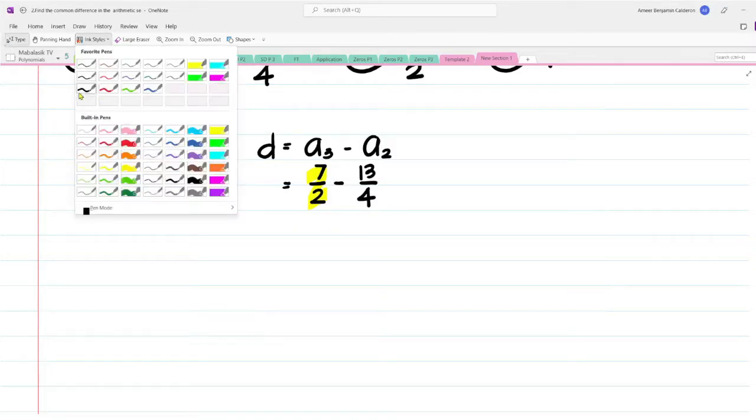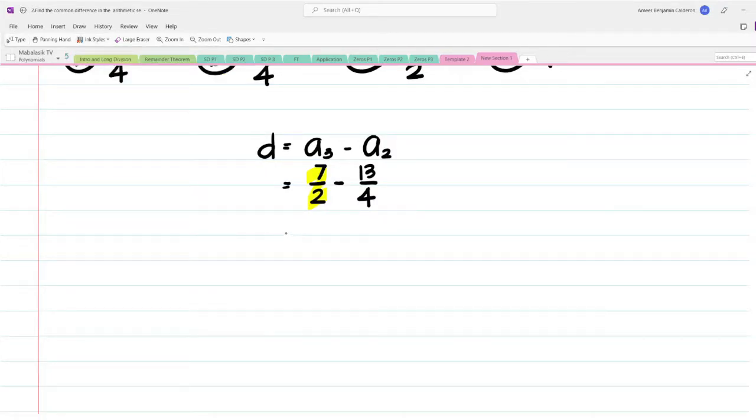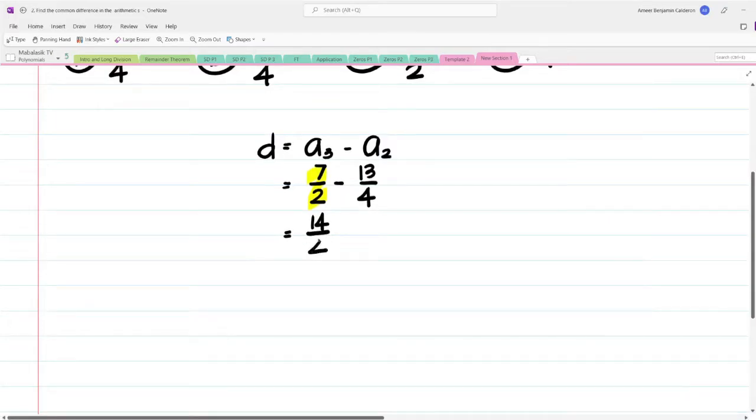How do we do that? We simply multiply 7 over 2 by 2 over 2, and we will get 14 over 4. We multiply both the numerator and denominator by 2. And then we have minus 13 over 4.